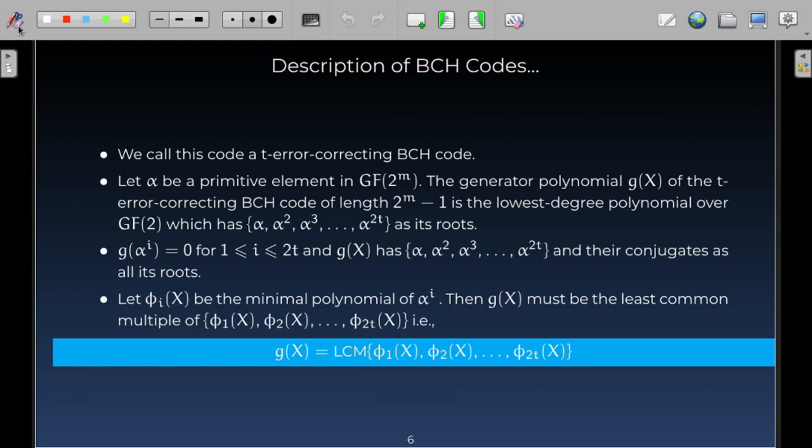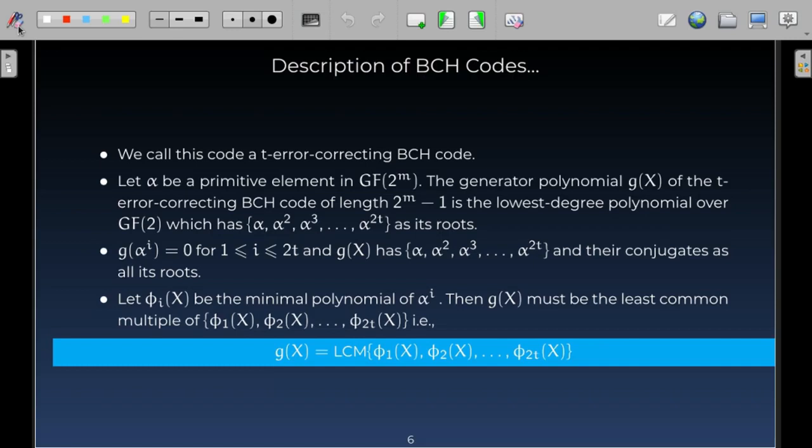Now let's consider alpha to be a primitive element in GF(2 to the power m). The generator polynomial g(x) of t-error correcting BCH code of length 2 to the power m minus 1 is the lowest degree polynomial over GF(2) which has alpha, alpha square, alpha cube, all the way up to alpha to the power 2t as its roots. Okay, so you can say that g(alpha to the power i) is equal to 0 for i between 1 to 2t.